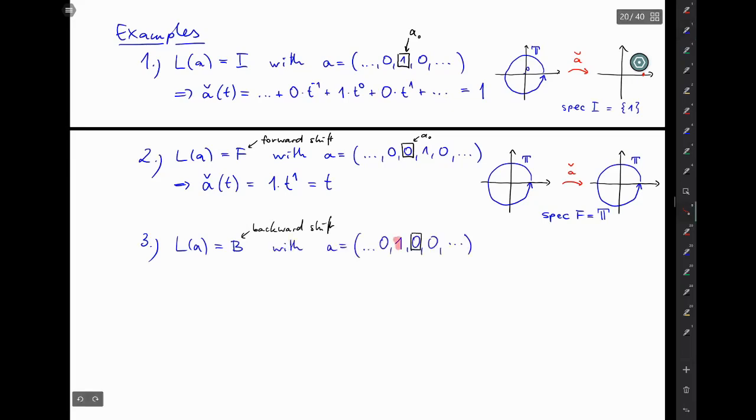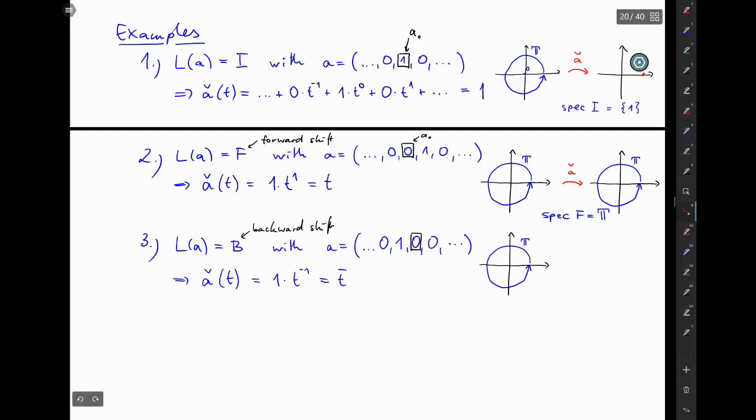So this time the single non-zero entry 1 is sitting at position -1, so that the function a upside down hat, whose Fourier coefficients you can see here, is now 1 times t to the -1, because this is position -1 here. And because you're on the unit circle, you can simplify, well, is it a simplification or not? I don't know. t inverse into t complex conjugate.